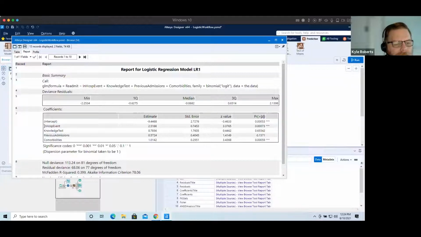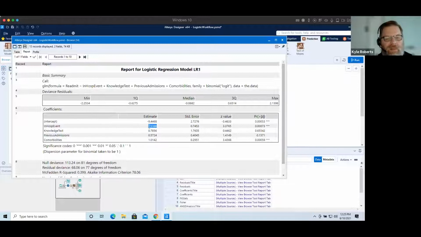So because this is positive, 2.516, and it's statistically significant, what we're telling ourselves is that whether or not a person has an in-hospital event does contribute statistically significantly towards them likely being readmitted at a future date. Okay, that's what that's telling us.